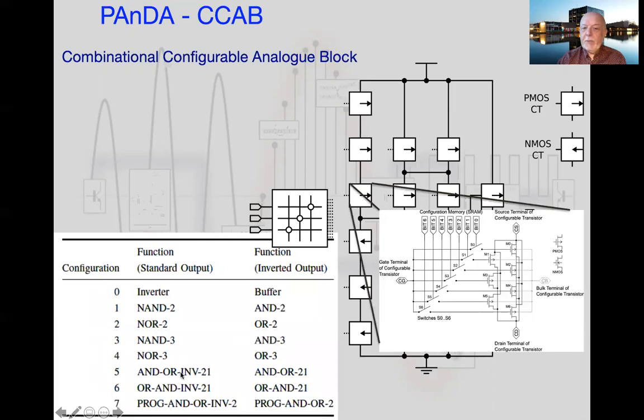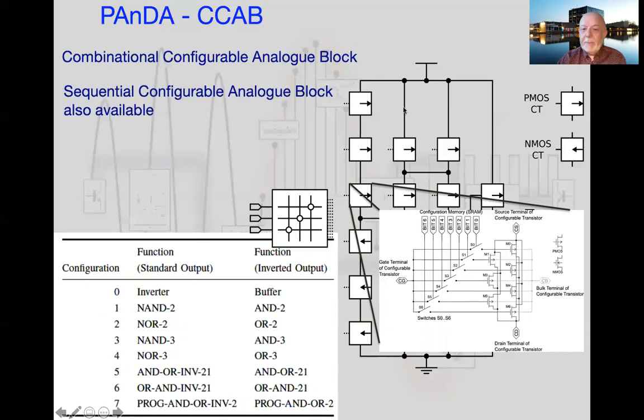So using this structure allows us to configure it in one of 8, where it's actually 16, because we can have standard or inverted functions of standard logic gates like NAND gates, NOR gates, inverter, a simple buffer, and slightly more complex logic functions. So we can configure this circuit into one of these functions, and then we can change the characteristics of a NOR gate, for example, by switching in and out different transistors.